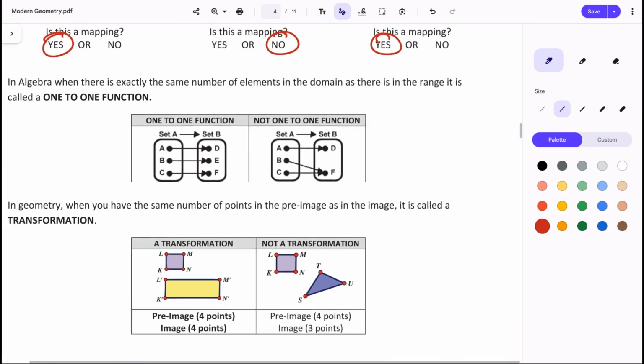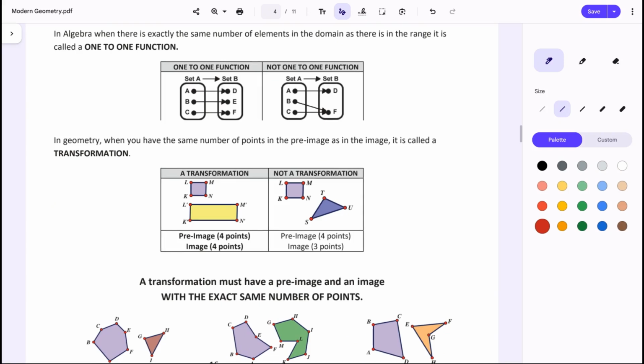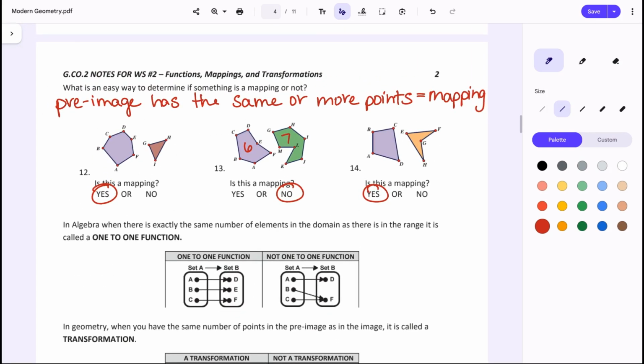Now, in geometry, we have the same thing happening, but it's called a transformation. If you have a shape, and that would be your pre-image, and then you have another shape that looks similar to it, that's your image, and they have the same number of points from start to finish, that's going to be called a transformation. Okay, so like up above, we saw some where they didn't have the same number of points, like number 12. It wasn't the same that we started with and ended with, but it was still going to be a mapping.